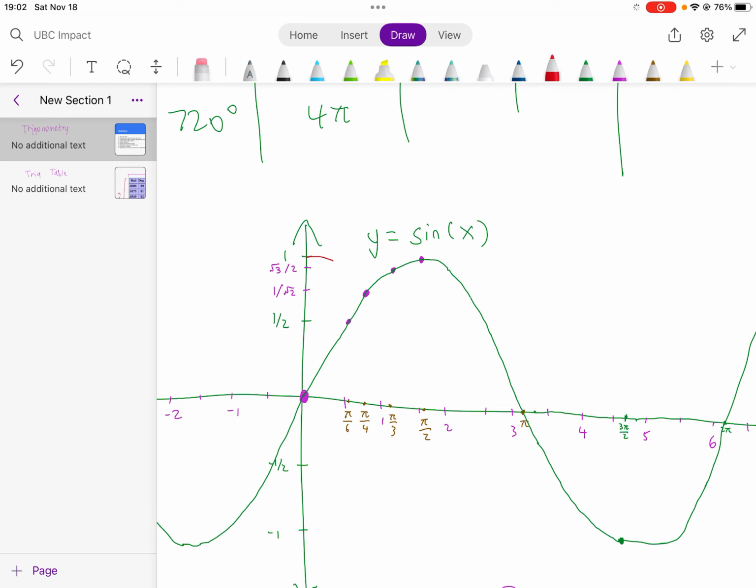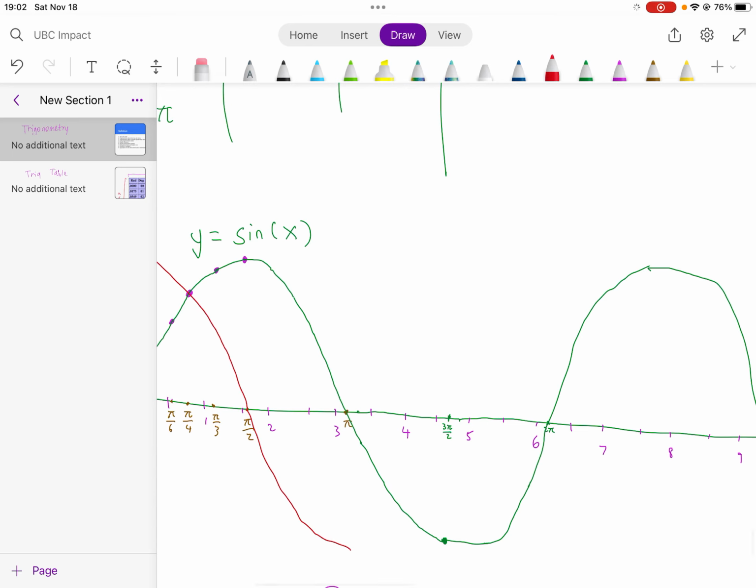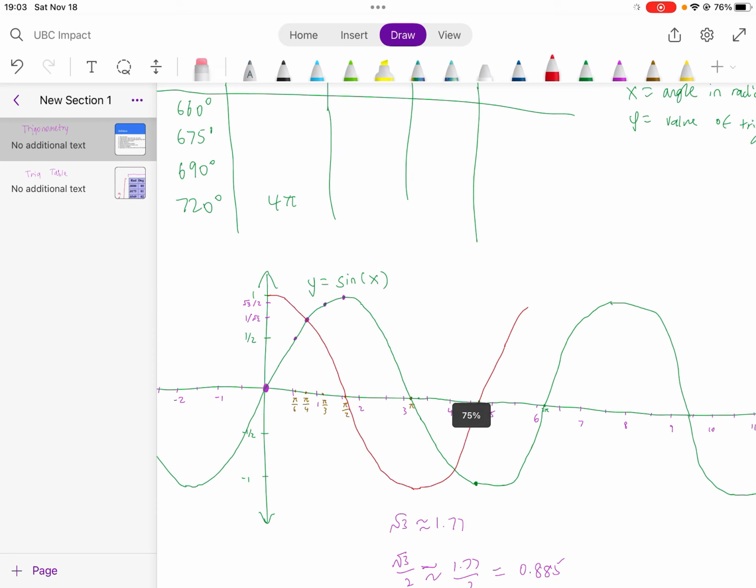But essentially, it will start here, go to 0 here, go to the bottom here, and then it starts to go back up, right about here. It's 3 pi over 2, it returns back up, and at 2 pi it reaches its maximum again, which is right here.